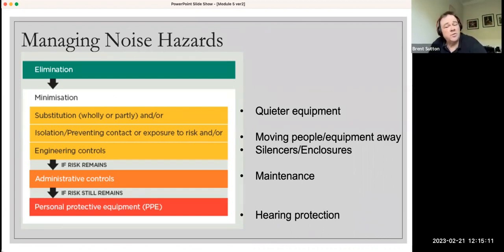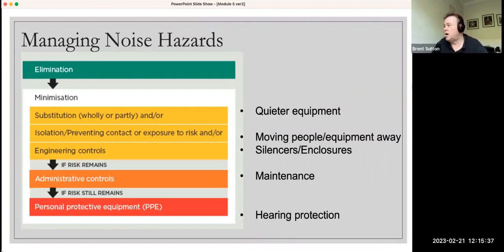From an administrative point of view, we know that maintaining that machine and that equipment can also reduce noise. But that maintenance is an administrative control because it is reliant on someone remembering to perform that maintenance. If that machine could self-feed itself, then that would be an engineering control.